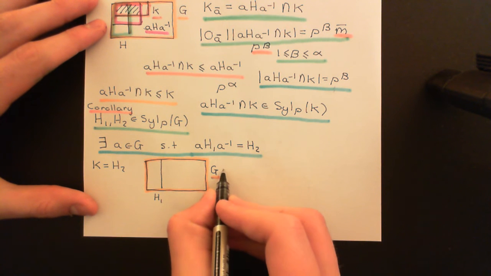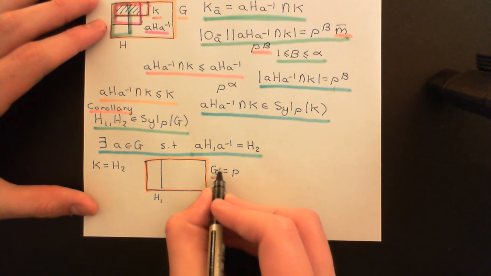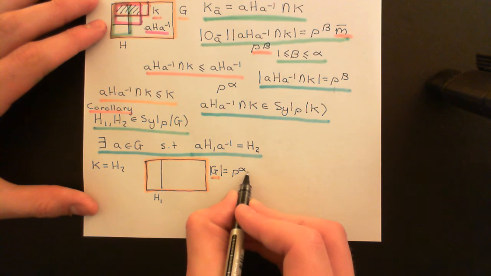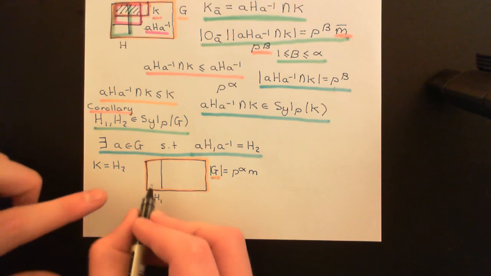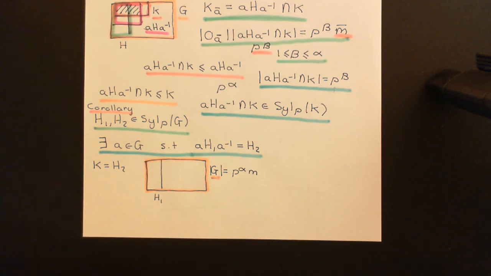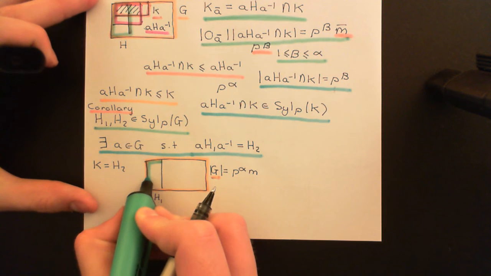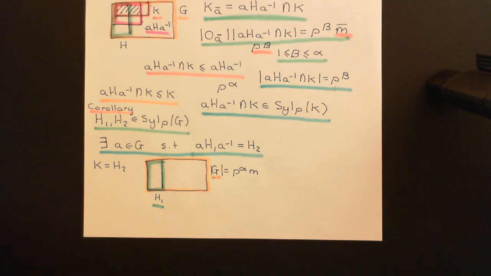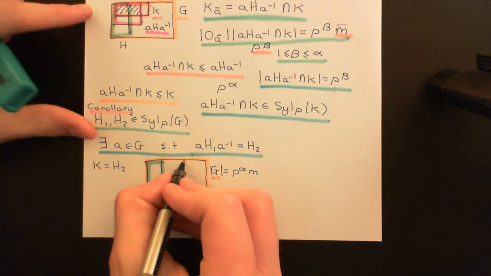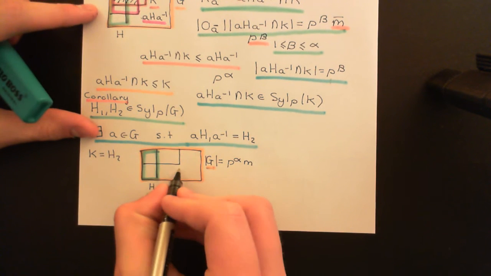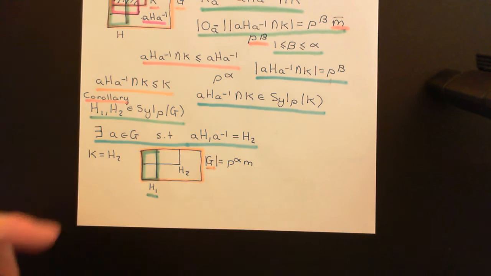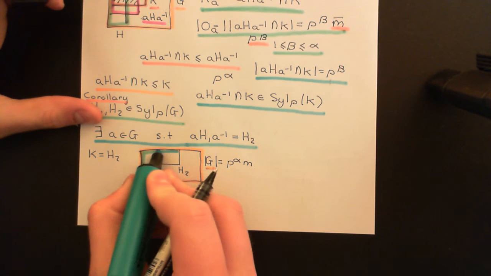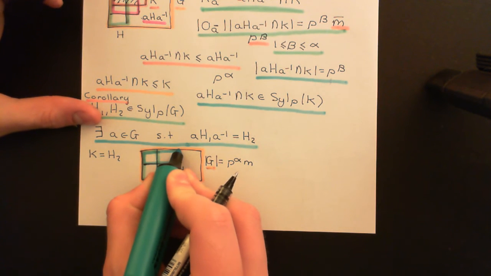I'll remind you that the order of the group, we're letting this be p to the power of alpha times n. So these Sylow P subgroups, H1 and H2, will both have order p to the power of alpha. That's what it means to be in the set of Sylow P subgroups of G. So here's H1, and here is capital H2, our second Sylow P subgroup, in turquoise.